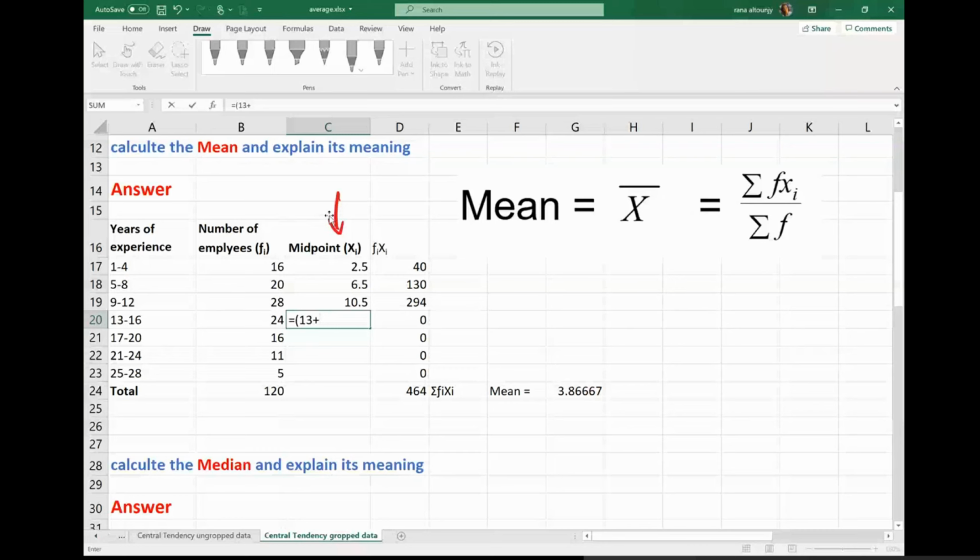Then equal 21 plus 24 divided by 2. Then also equal 25 plus 28 divided by 2. Like this, we put the midpoint of each one of our categories. The second thing we need to calculate is the sum.